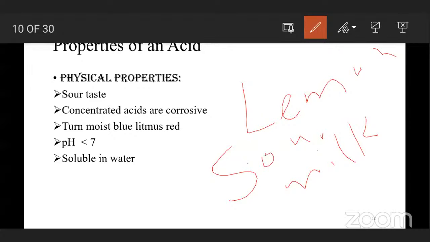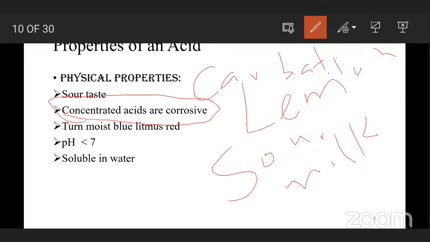The other physical property of an acid is that concentrated forms of acids are corrosive. They can actually burn. They can eat deep even into fleshy materials. So it's not advisable to be interacting with concentrated acids. An example is the acid in a car battery.